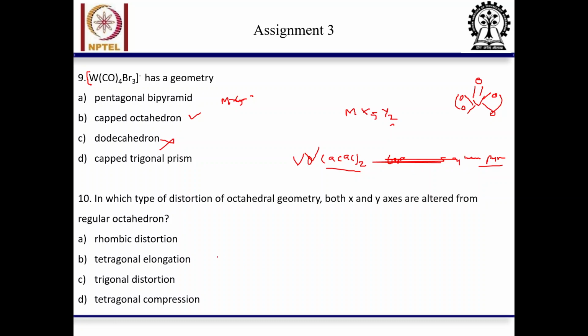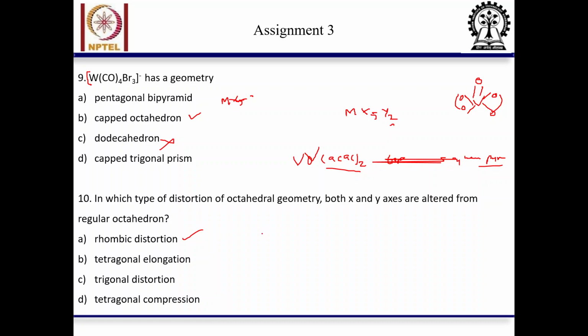Now I will tell you how it changes. What is tetragonal elongation and distortion? Basically, this is the Jahn-Teller effect, which you will come across in week number 5 or 6, where the professor will discuss crystal field theory. Once you read crystal field theory, you will come across tetragonal distortion. So what is that?